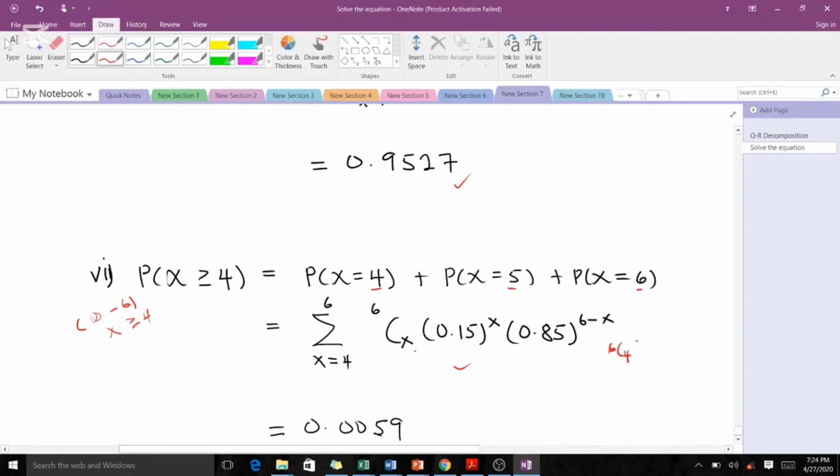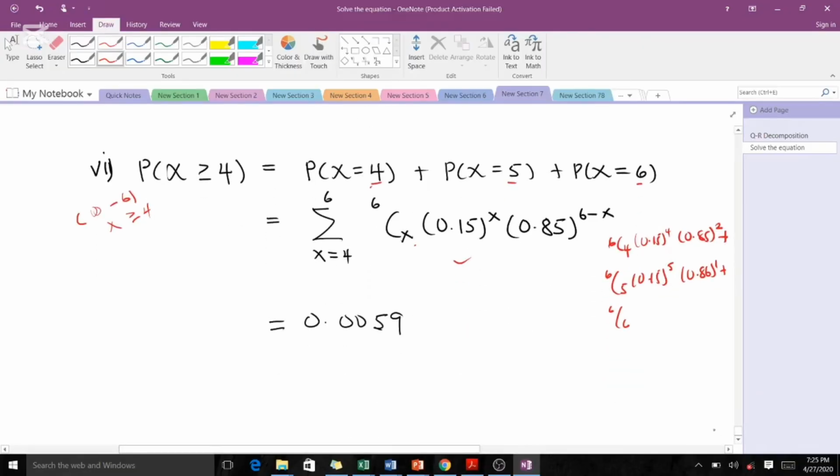We have 6 combination 4, 0.15 to the power 4, then 0.85 to the power 6 minus 4, which is 2, plus when x is 5, we have 6 combination 5, 0.15 to the power 5, and 0.85 to the power 1, plus when x is 6, 6 combination 6. So the answer is going to be 0.0059. That's the answer.